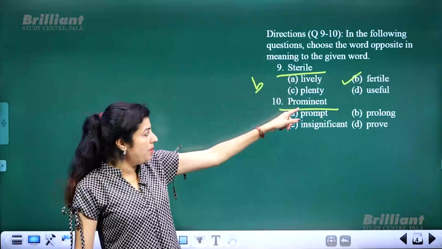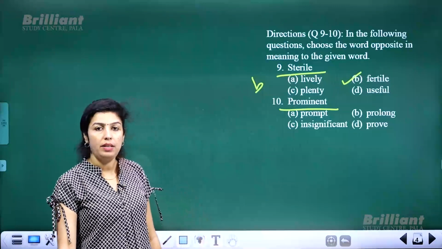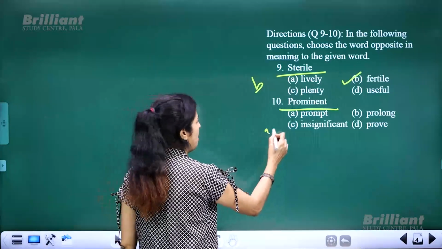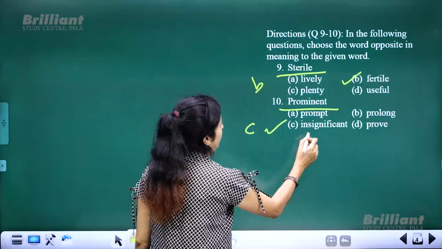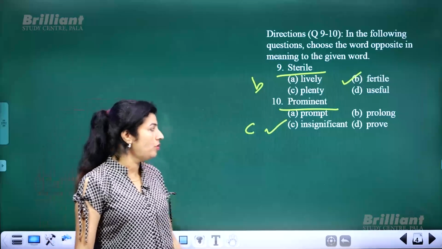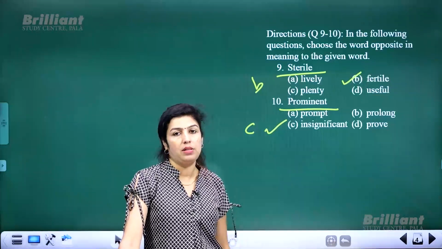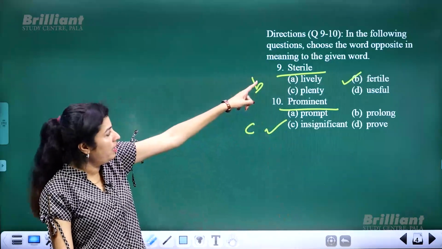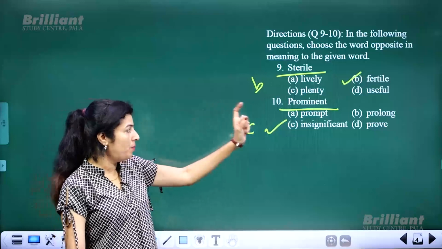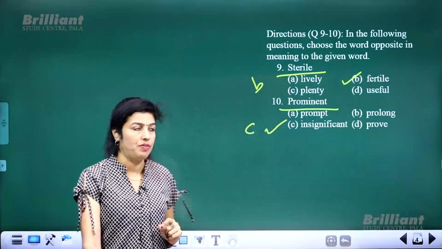So option number C, insignificant. Prompt, prolong, prove, these words have got no connection with the word prominent. So sterile, opposite fertile; prominent or significant, opposite will be insignificant.